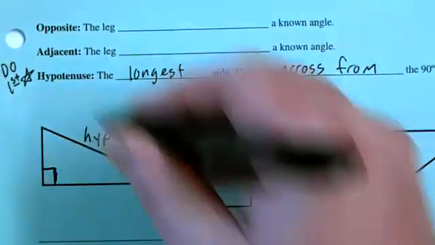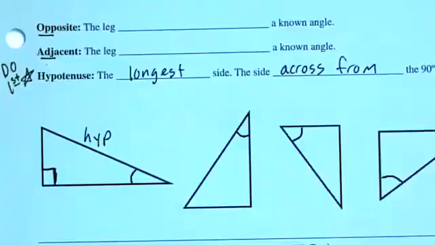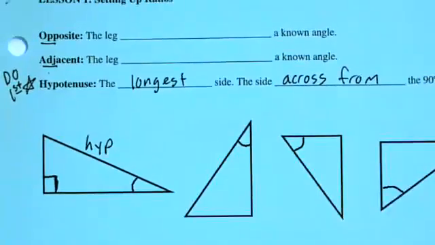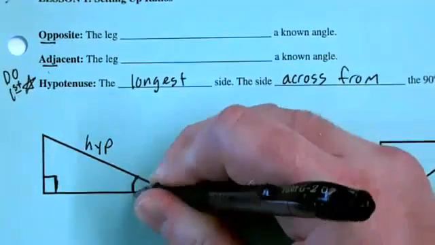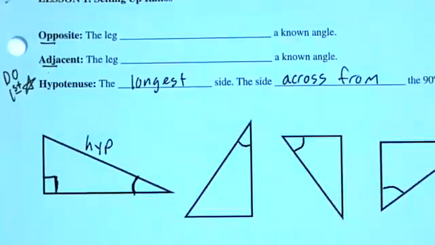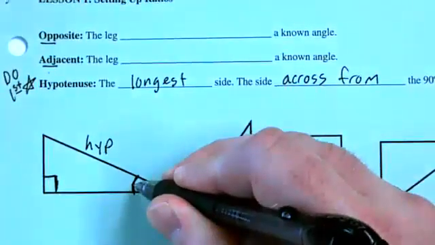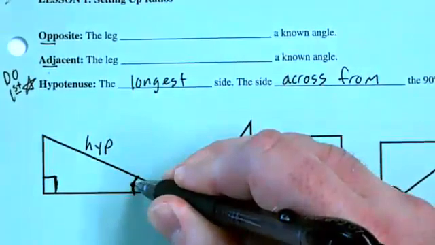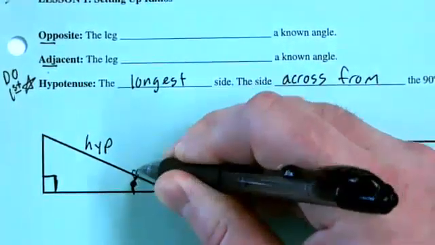Your other two sides are going to be your opposite and adjacent. We'll abbreviate those as well. Now, these can get tricky, and this is usually where people make mistakes in trig. When you do this, you're always going to be looking at some reference angle. So in this first triangle here, this is the angle that I'm going to use as my reference angle. And I like to picture an eyeball looking into the angle right there.